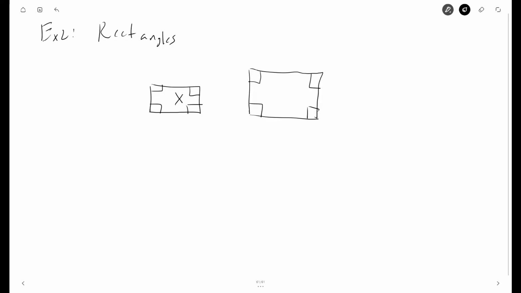We're going to say rectangle X and rectangle Y. You can say this one is 12 and 6. This one is 24 and 12. That means we need to check for similarity.